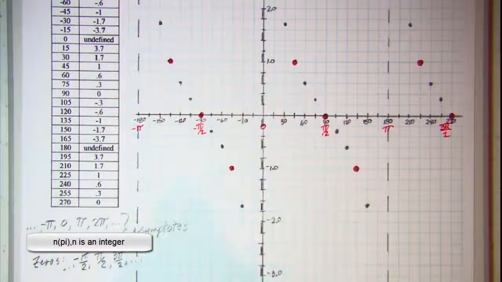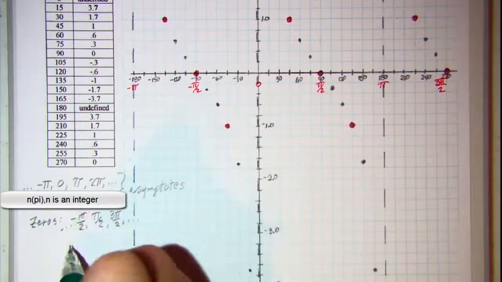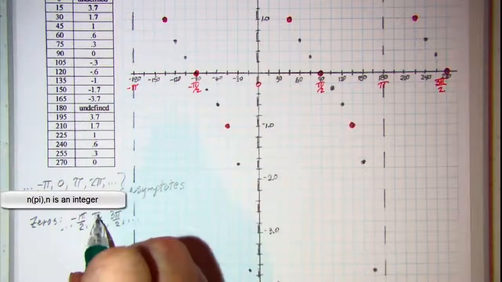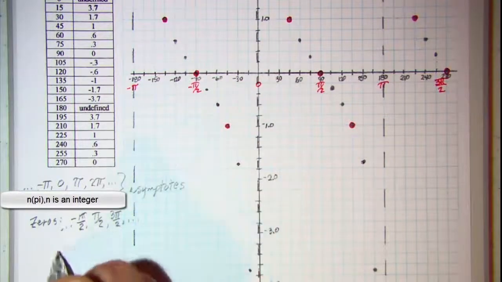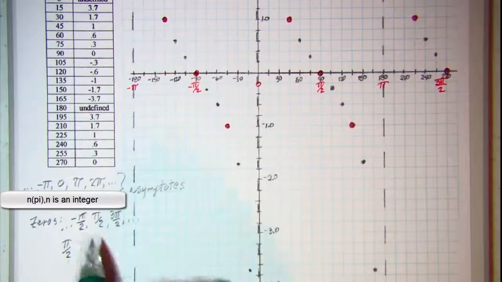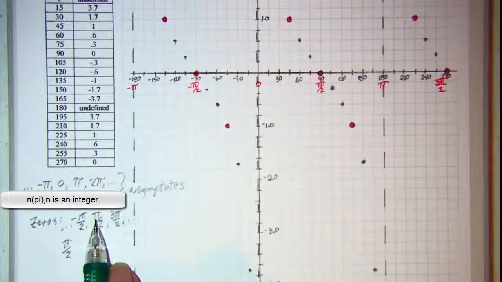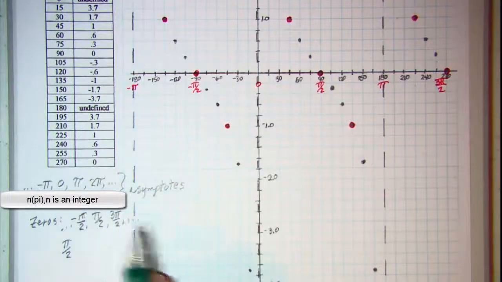So we can write that algebraically by asking ourselves what stays the same and what changes. So I see that I have pi over 2 in all of my values. And then the coefficients, negative 1 with positive 1, 3, and so forth.